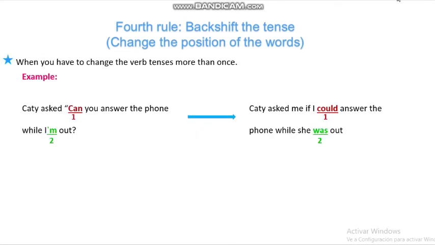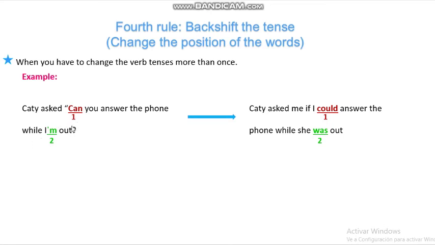The fourth rule is when we have to backshift the tense. That means that we have to change the position of the words. Okay. When you have to change the verb tenses more than once, that means that you have two verbs in the same sentence. As we can see, Katie asked, "Can you answer the phone while I am out?"